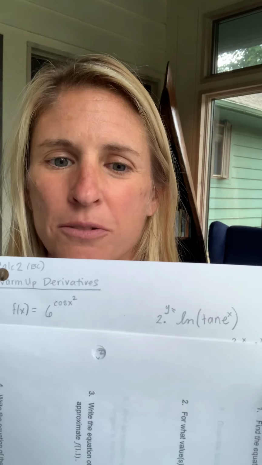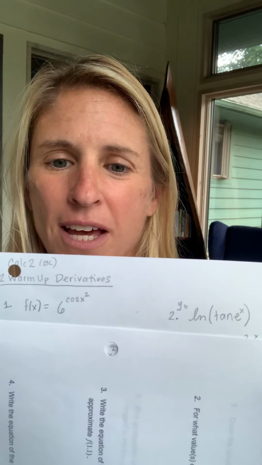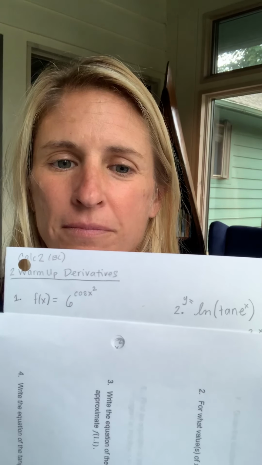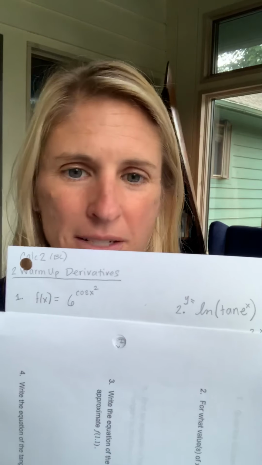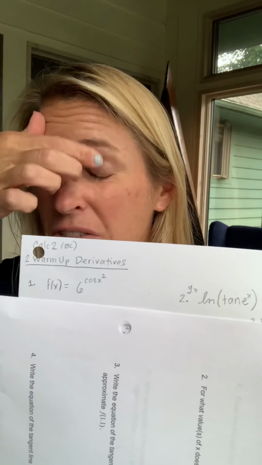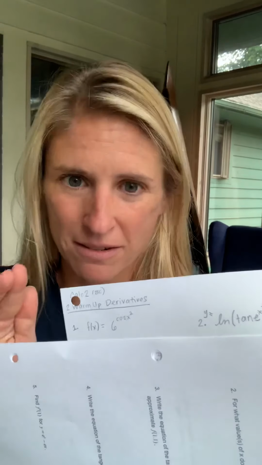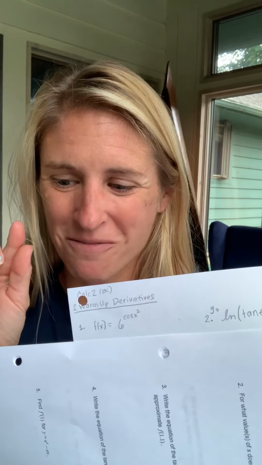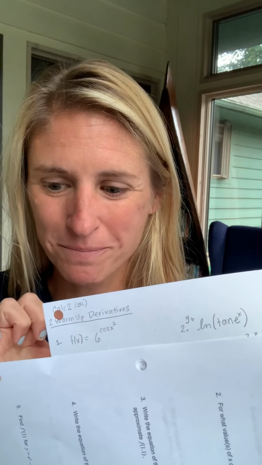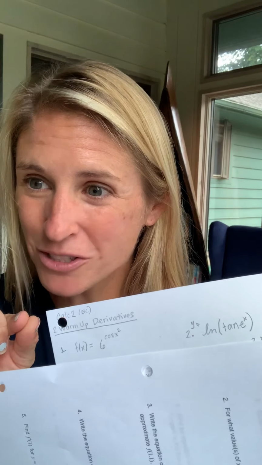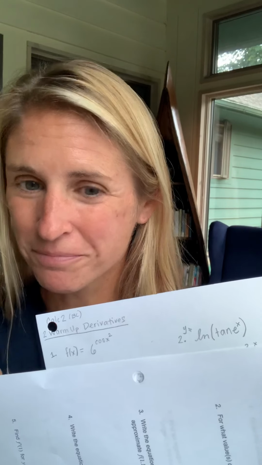And y equals the natural log of the tangent of e to the x. I did not include any logs with a base other than e because you don't really see them a whole lot. So at this point, pause the video, try the problems, come back, and I'm going to go over them. So spoiler, I'm going over them now. So pause it and try it first.